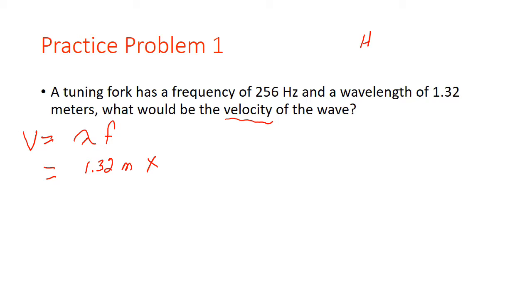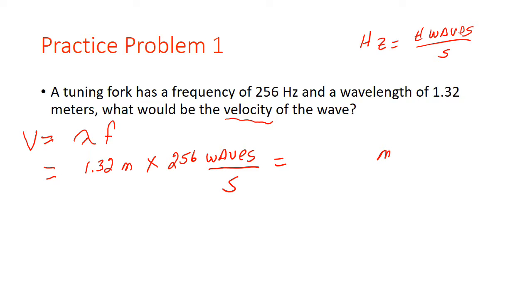Now remember that hertz actually equals the number of waves that come in 1 second of time. So in this equation, I'm actually going to change this to 256 waves per second. Okay, now waves are a thing, they're not a unit, so our units are going to come out in meters per second, which is a measure of velocity.